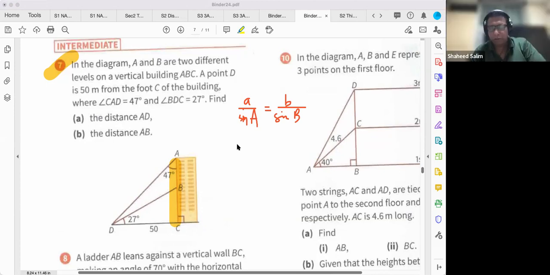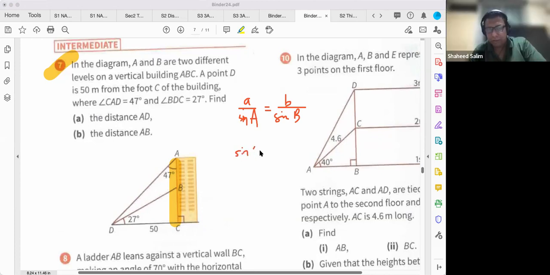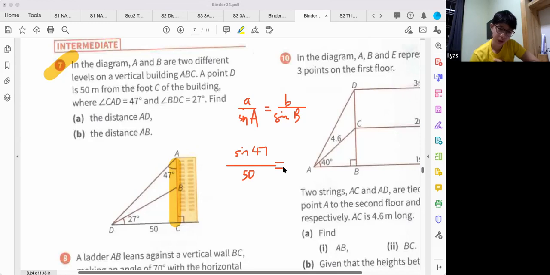No problem, we flip. Okay, then you were saying sine 47 over 50. Okay, is correct. Equals sine for another 47 over you get another AC.